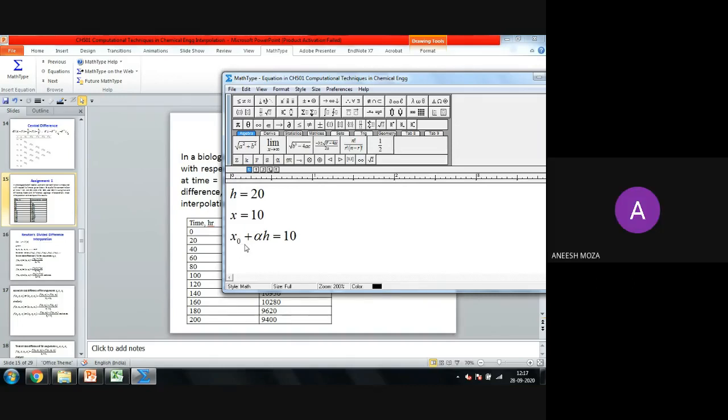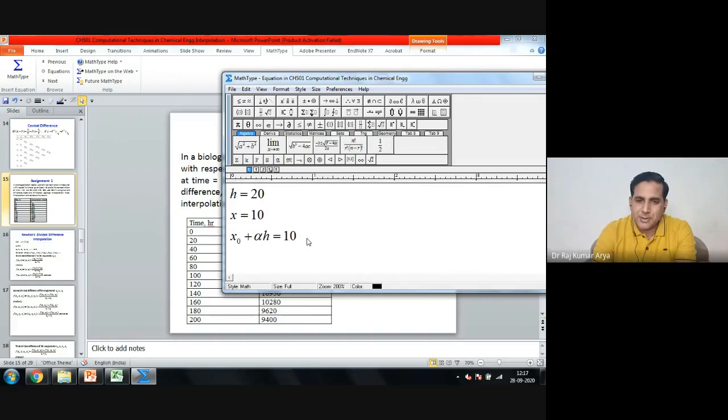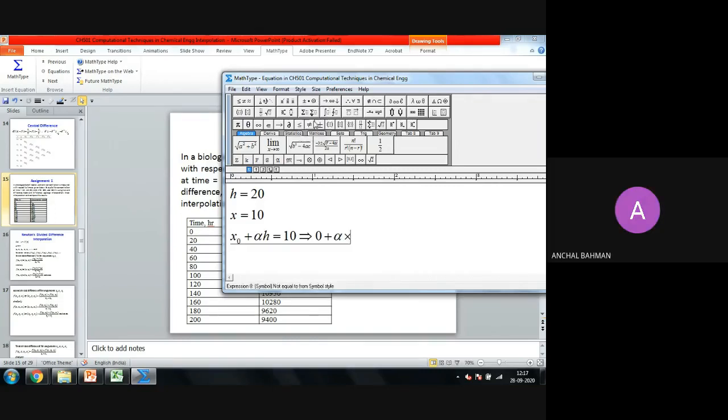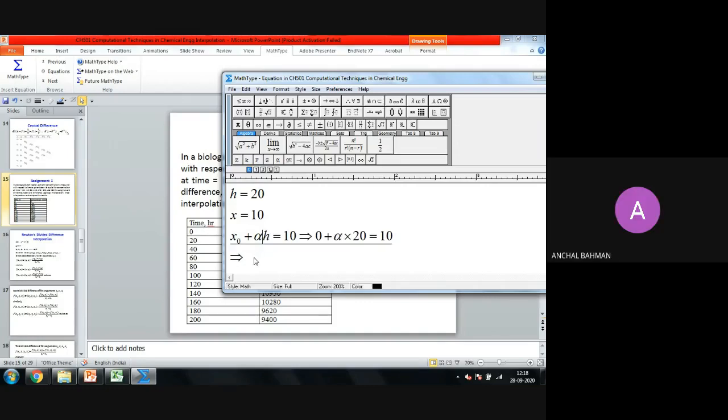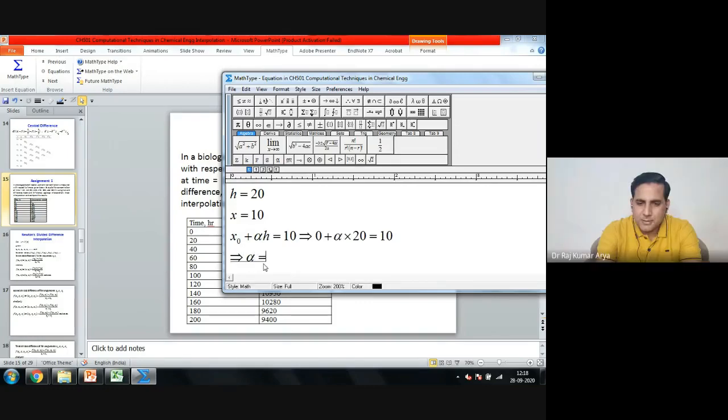X naught is 0. Your alpha you need to calculate, and your h is 20. X is equal to 10. So from here you can calculate alpha. Alpha is 0.5. Is that fine?